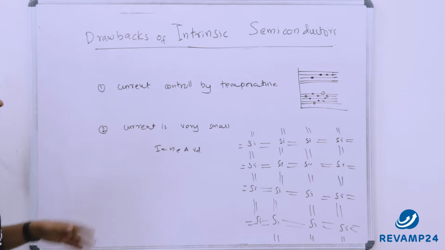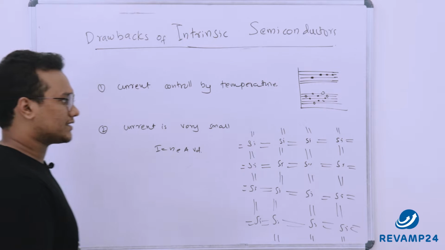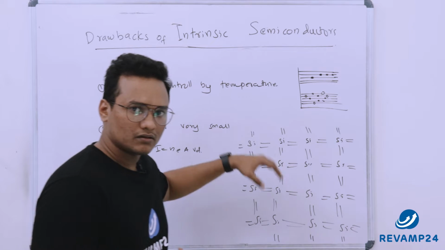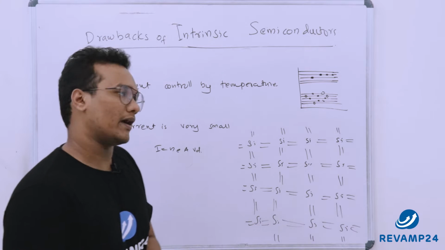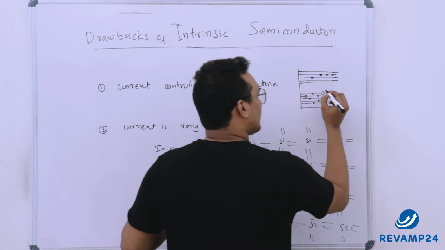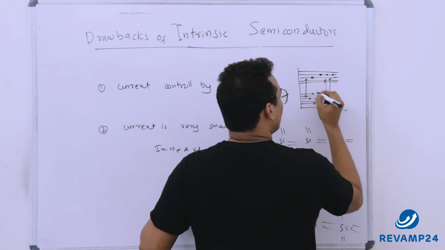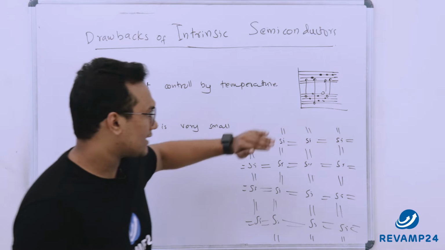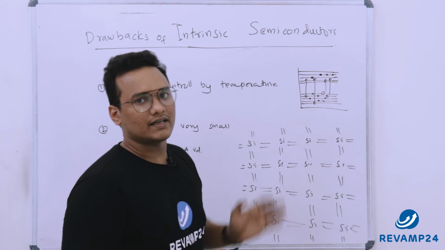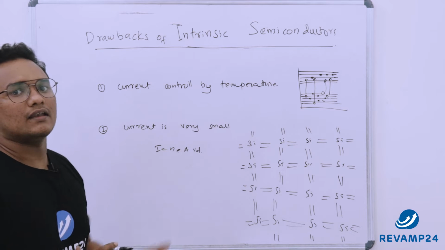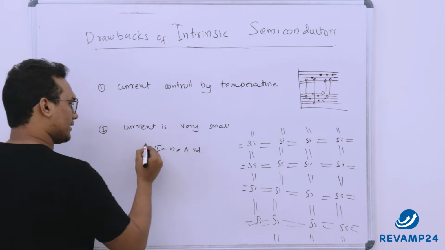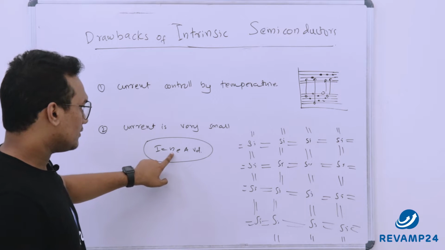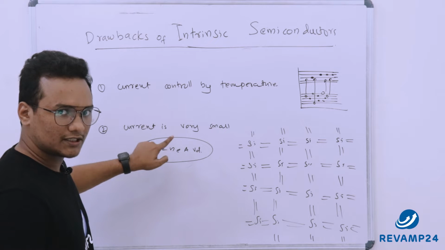Next thing is current is very small. At room temperature we know that very few electrons would be there in the conduction band. Though many electrons are excited to the conduction band, these electrons won't be sufficient to make a larger current. We know current is equal to NEAVD, where N is the number of electrons per unit volume, that is per meter cube.